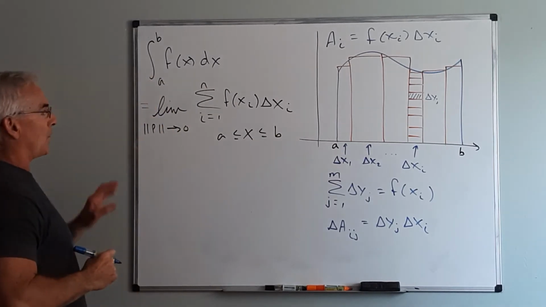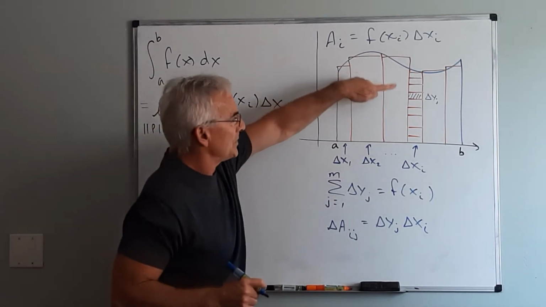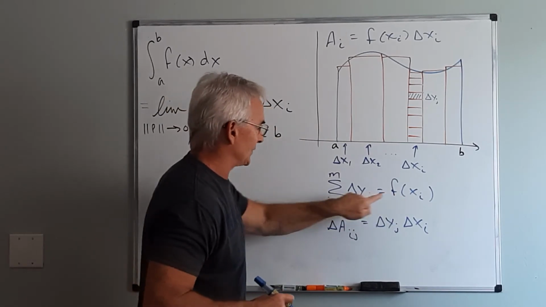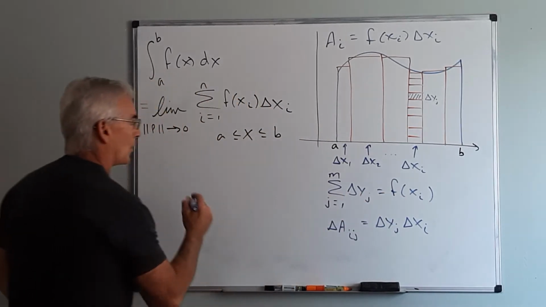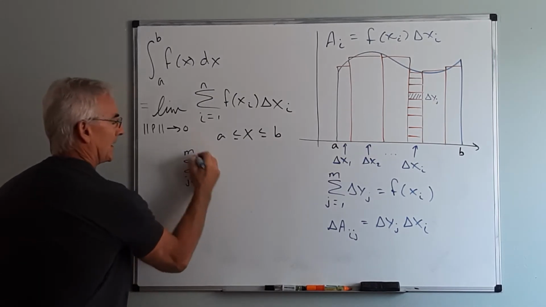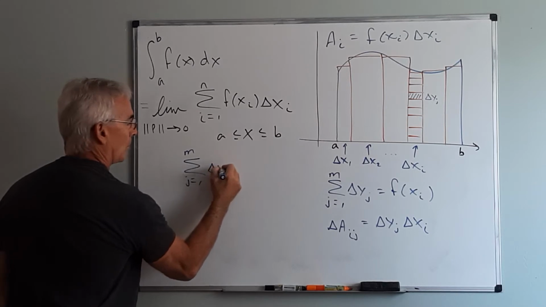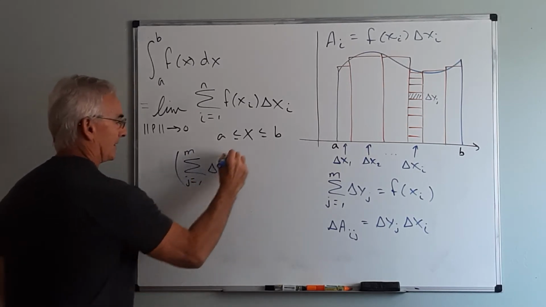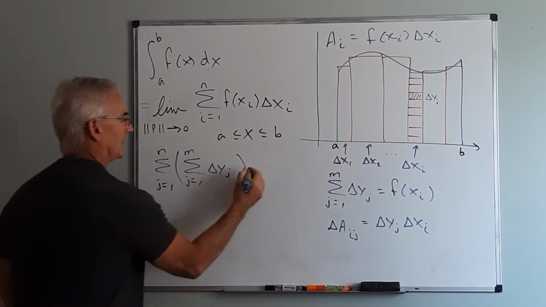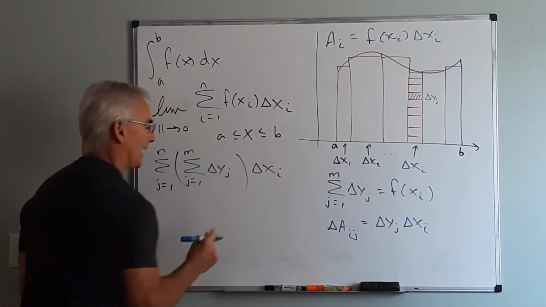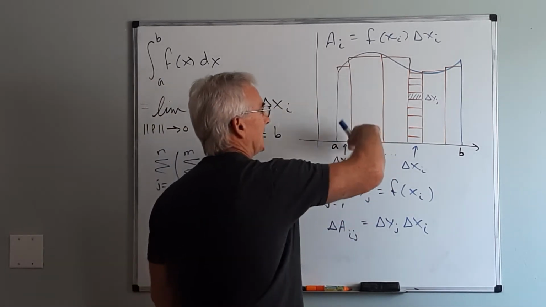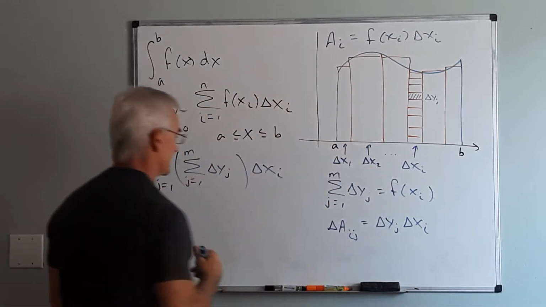Now, if I want to do the same Riemann sum by adding these up, then what we can do is replace this with this sum. And so what I have is a sum from j equals 1 to m of delta y_j, and the sum from i equals 1 to n of delta x_i, and what this would give me is the sum of every single rectangle if I subdivide all of these into m.